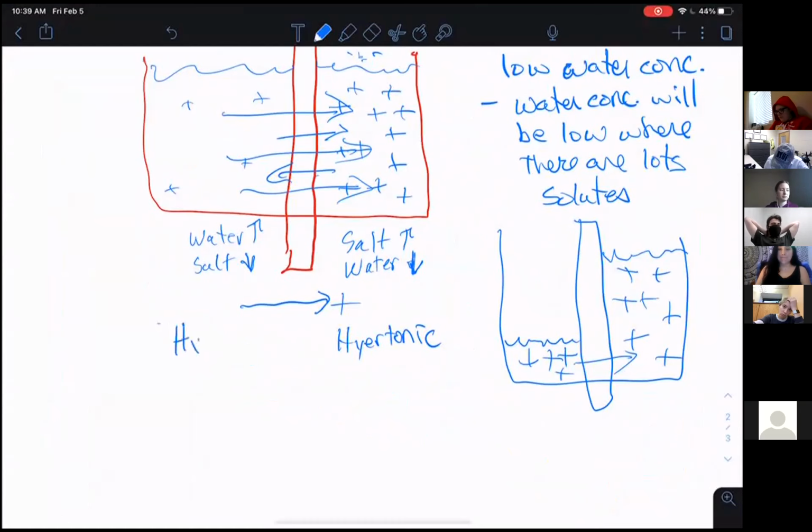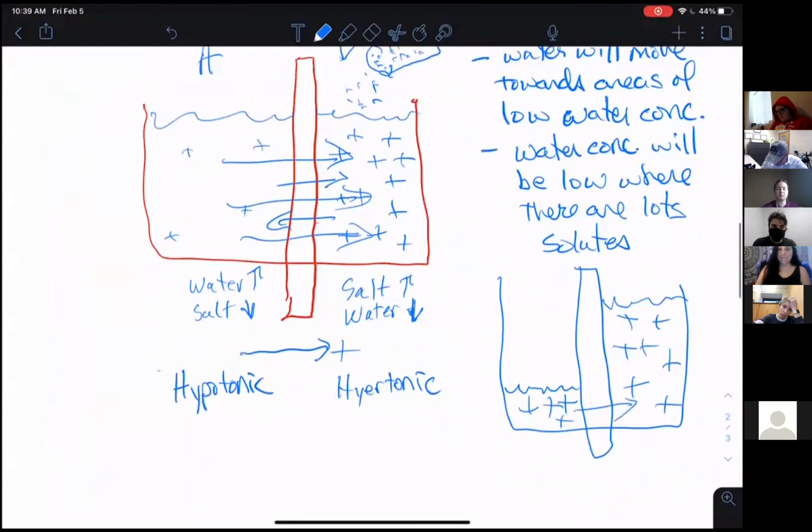Hypotonic. And we learned that water heads in the direction of hypertonic because hypertonic means high salt concentration. So high salt concentration or high solute concentration, sorry. And hypo means low solutes.